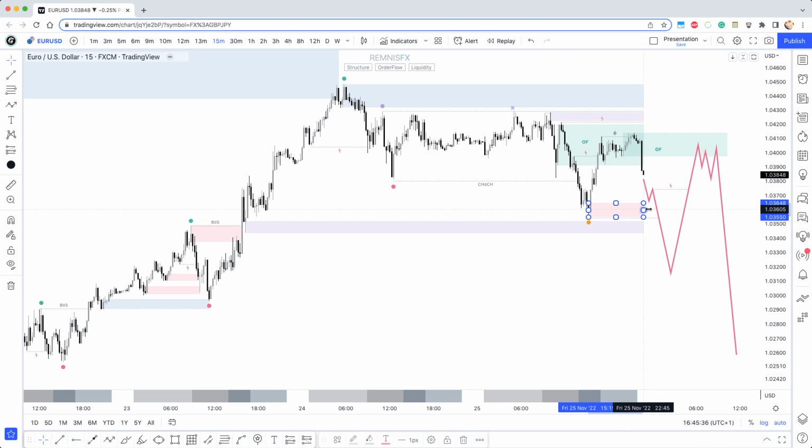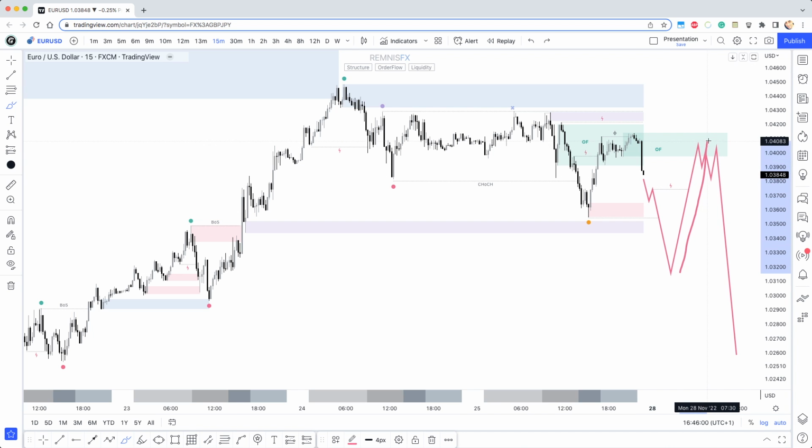Okay, so now what could happen? Price could break below your most recent low, right? In the process, maybe it creates some inducement, and then you can wait for price to take out the inducement. And again, like I showed you in the first scenario, you could look for a possible short-term buy position up until perhaps here.